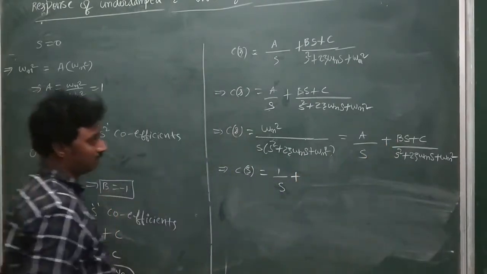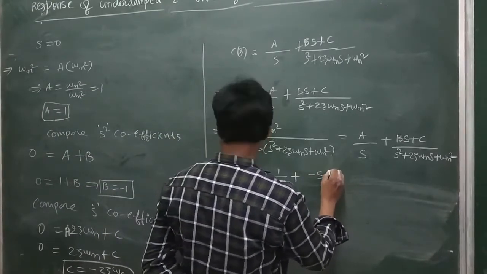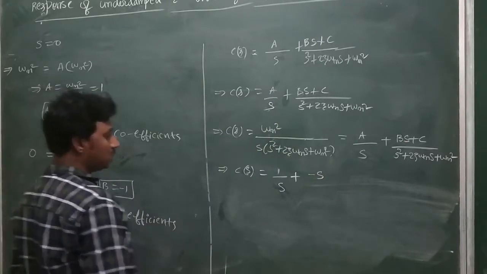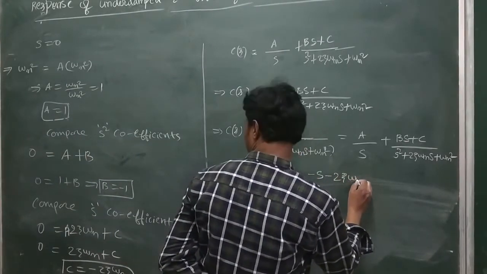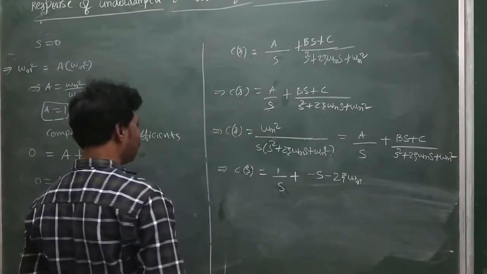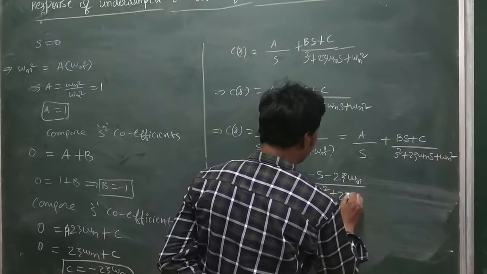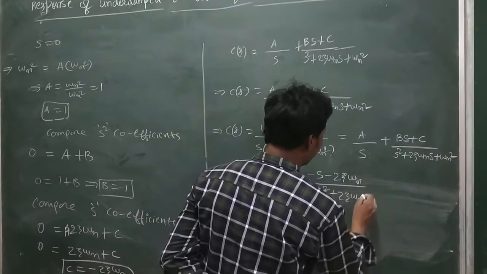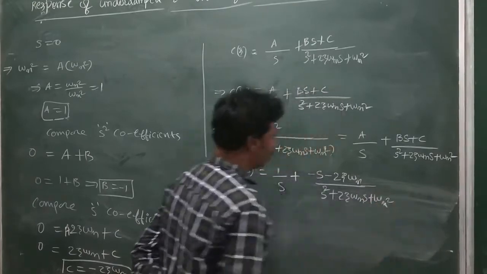B is equal to minus s. What is the c value? C is equal to minus 2 damping ratio omega n by s square plus 2 zeta omega n s plus omega n square, right?